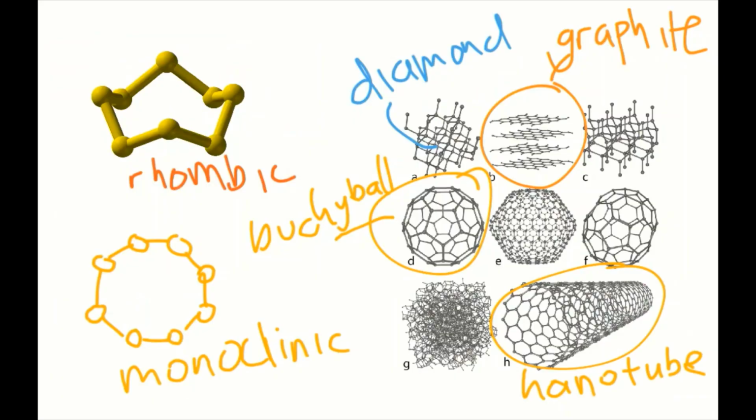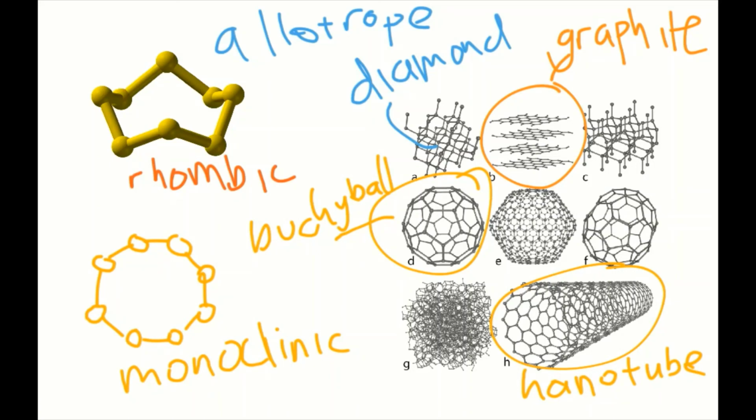The last thing I want to talk about are allotropes. So let me write the word allotrope. Now, allotropes are just elements in nature that exist in different forms.